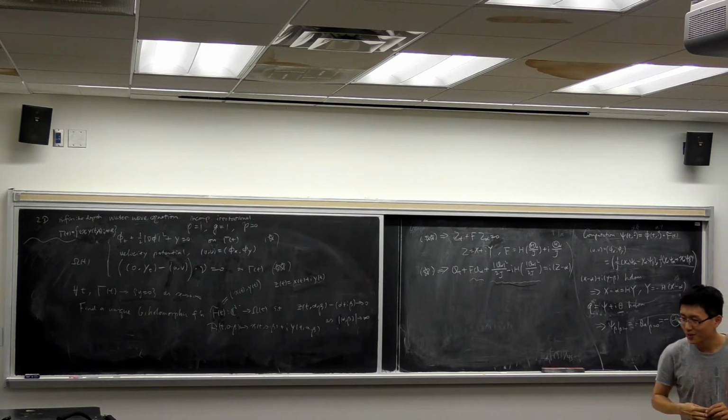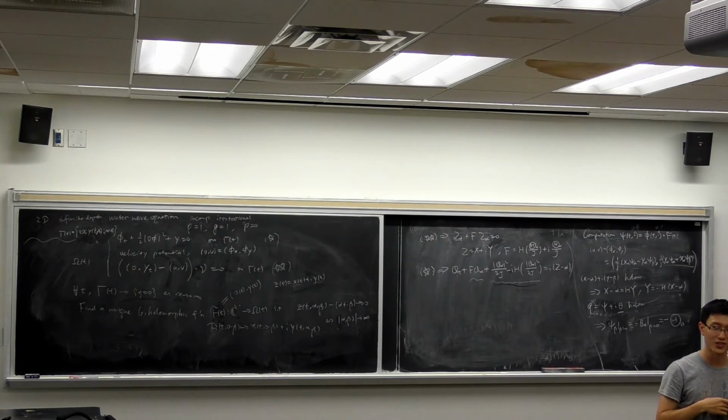If it's finite depth, then there will be conditions on the bottom, and you have to encode those conditions into the holomorphic expression of the equation, and I guess that can only happen when the boundary condition is really nice. Otherwise, it's going to be very hard.